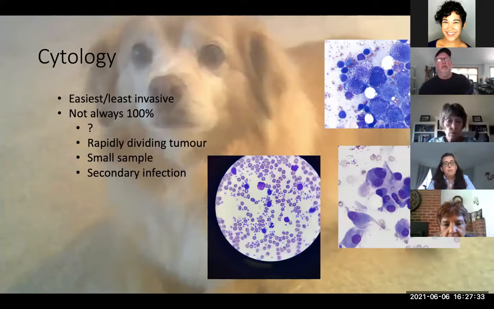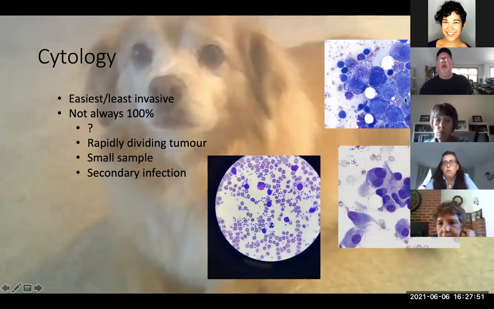It can also be really difficult to say that this truly is what's going on, as the sample may not be representative of what's going on in that mass. The picture on the top right is a mast cell tumor, and you can see there are large cells, quite variable in size. And yes, I can say that is a diagnostic sample.